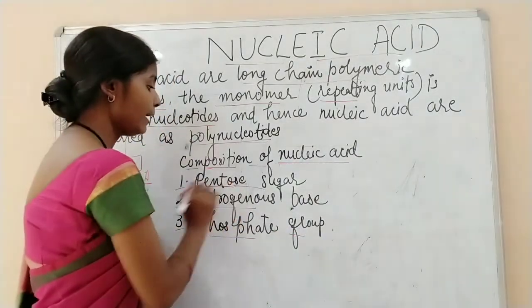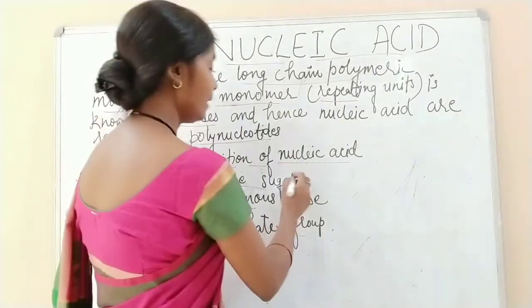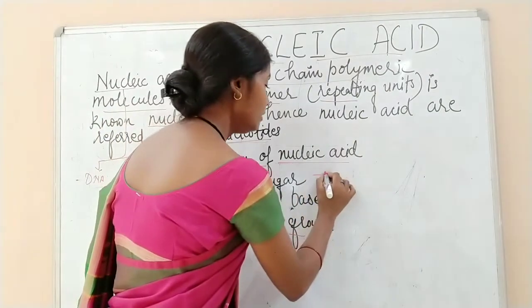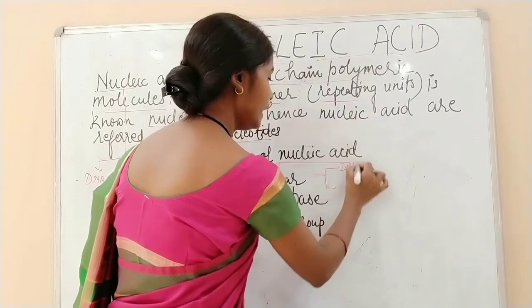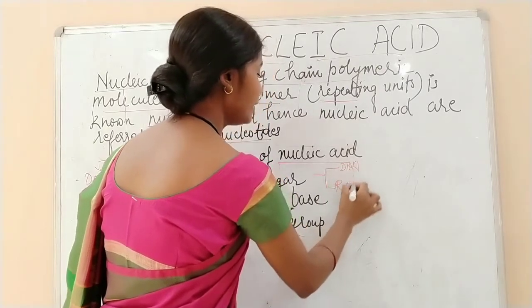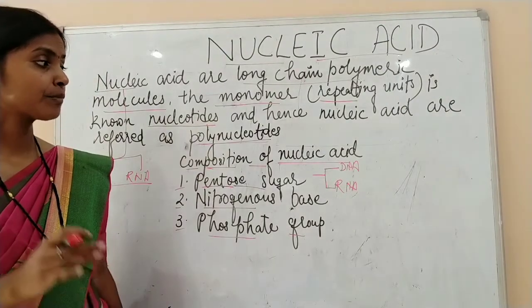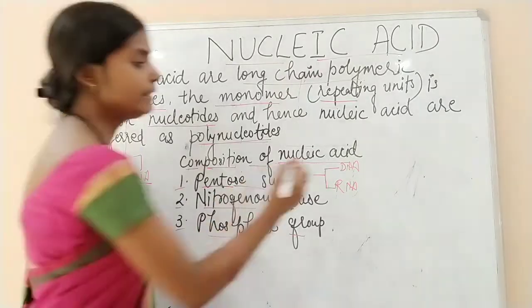So what is pentose sugar? It is a sugar, pentose meaning five-membered. We know there are two types of nucleic acid, DNA and RNA, so this pentose sugar is also of two types.